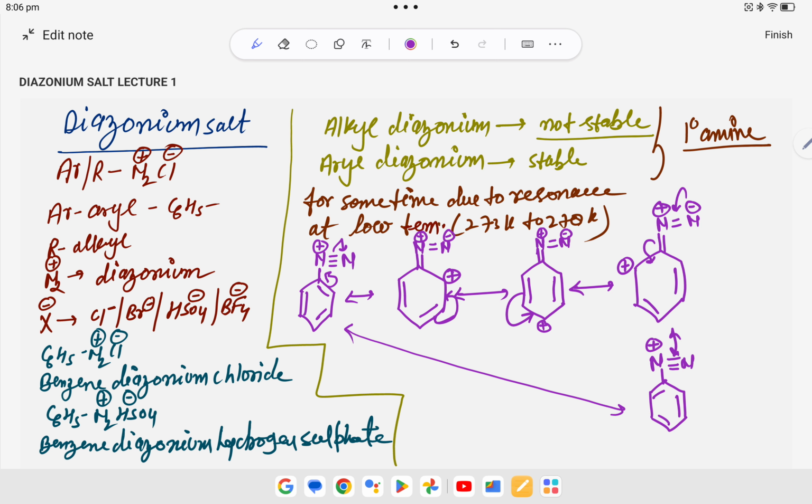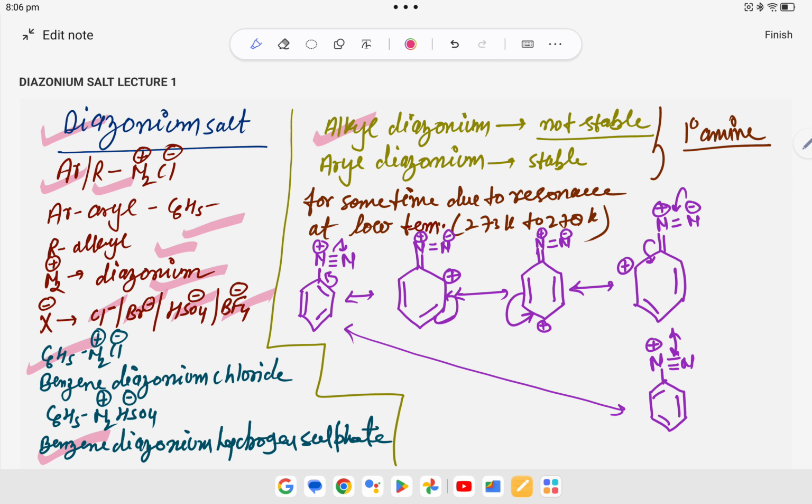So this is the basic information. Once again, I am repeating the content. Diazonium salt, aryl and alkyl, both types we have. N2 is diazonium. In the place of X, Cl, Br, HSO4 can be there. Examples: benzene diazonium chloride, benzene diazonium hydrogen sulfate.